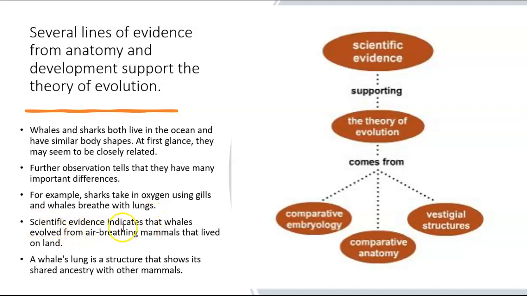So scientific evidence indicates that whales evolved from air-breathing mammals that lived on land. A whale's lung is a structure that shows its shared ancestry with other mammals, other air-breathing organisms. So if we look closer and look more specifically at those structures, we can better determine ancestry and closer ancestors.